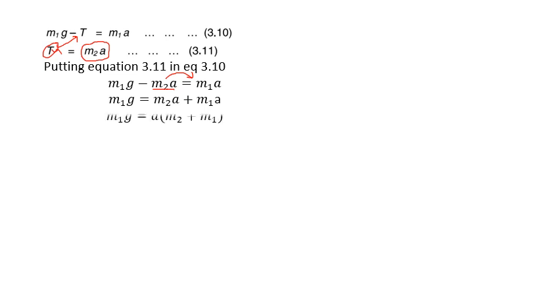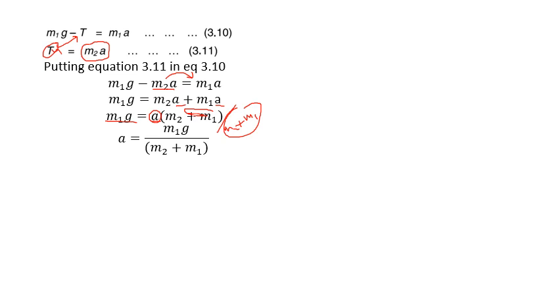Now over here acceleration a is common, so I take a as common and m2 plus m1 remain the same. Now we need this acceleration, so divide both sides by m2 plus m1. So this m1 plus m2 and this m1 plus m2 will be cancelled out.